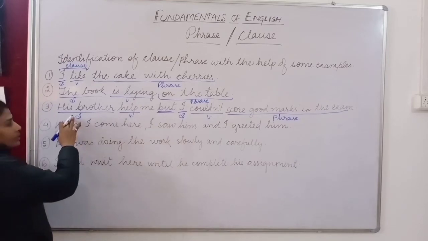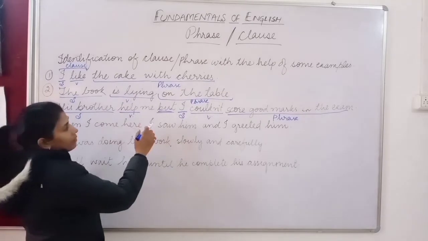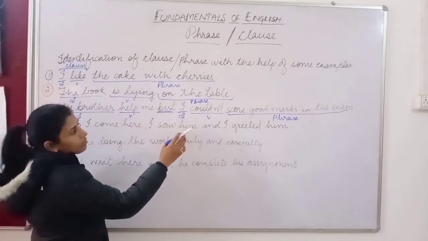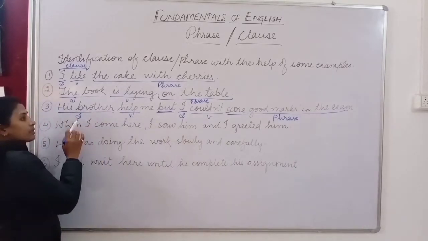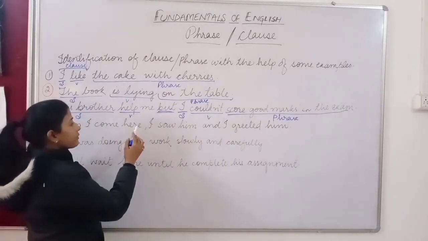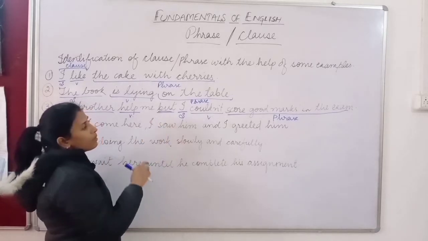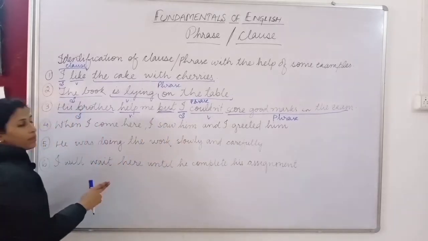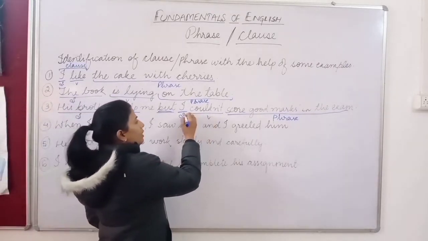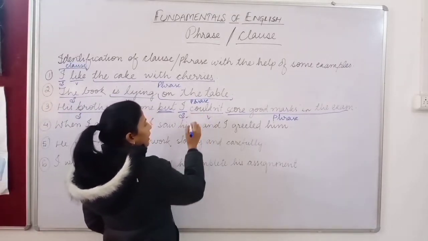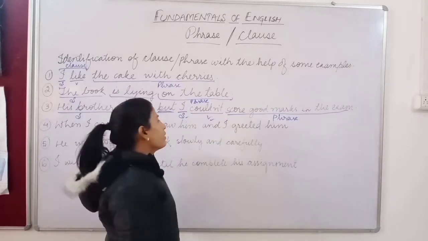So in the third sentence, his brother helped me, but I couldn't score good marks in the exam. His brother is the subject, helped is the verb, and but is used as a conjunction to combine the two different sentences. In "I couldn't", I is the subject and couldn't is the verb.